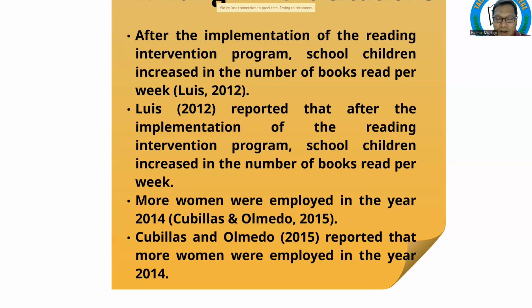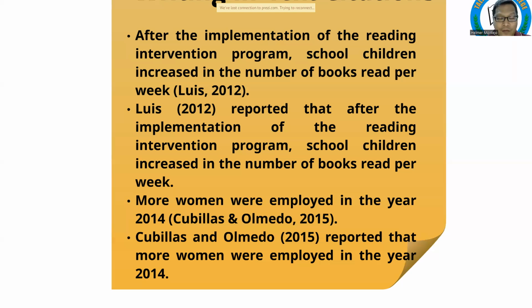Notice that in the first and second examples, only one author is being mentioned. In the first example, the author is within the parentheses, and in the second example, the author is within the running text.